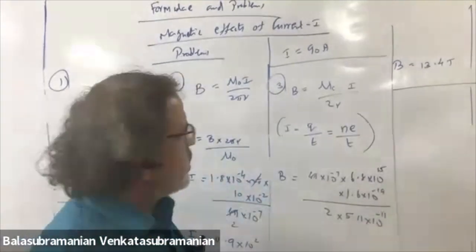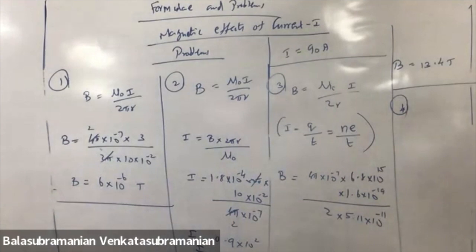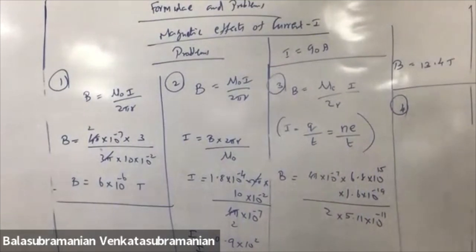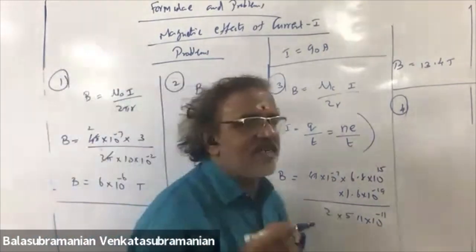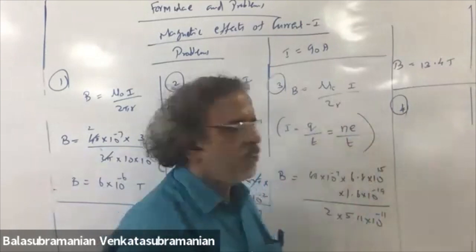Okay, right. Fourth problem. Consider a tightly wound 100-turn coil of radius 10 centimeter carrying a current of 1 ampere. What is the magnitude of magnetic field at the center of the coil? Wound with 100 turns. So same formula with the number of turns we have to write.